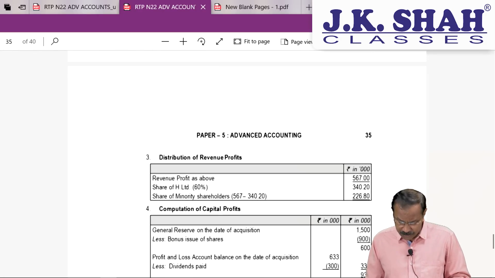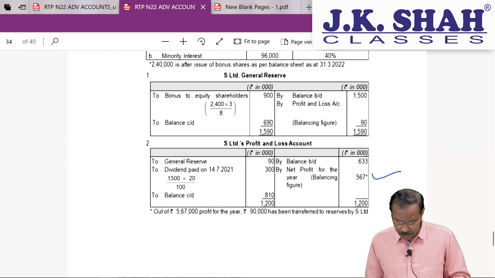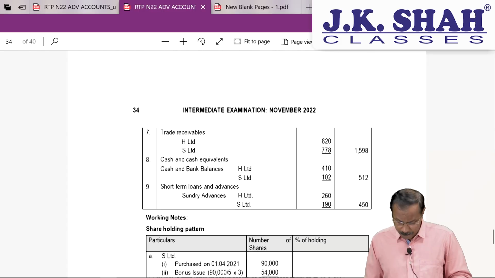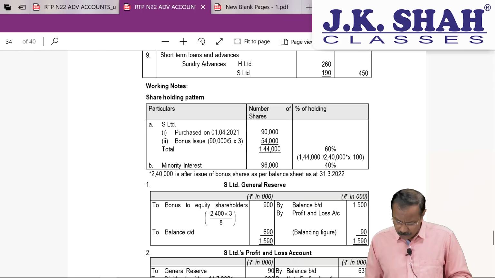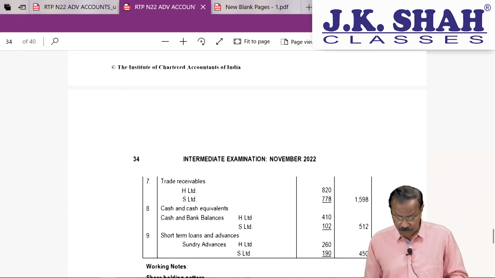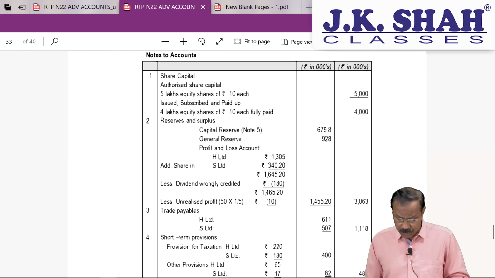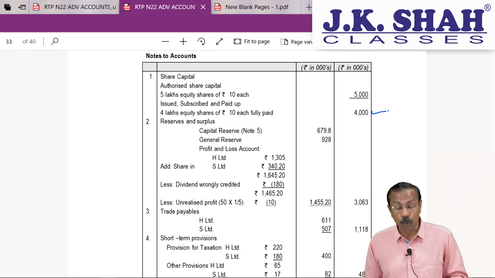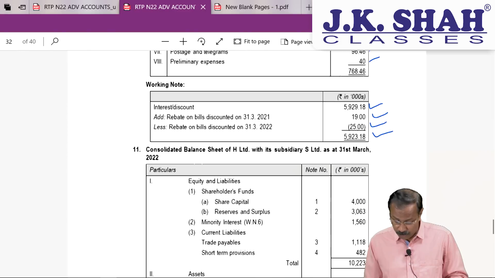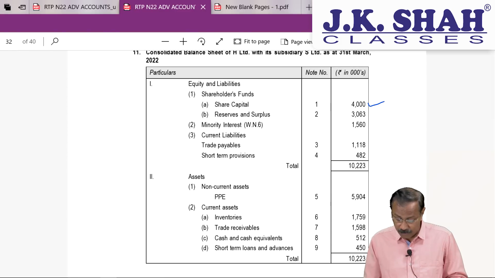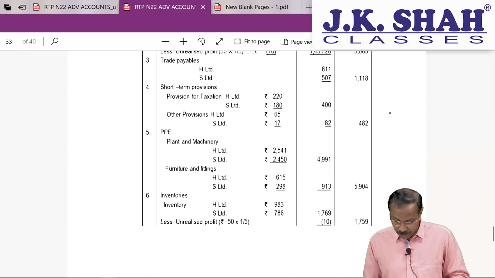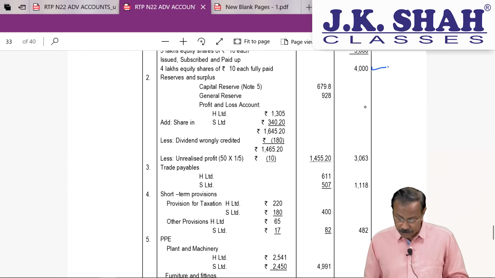Minorities will be very simple to calculate, remember. This shareholding, 60% shares. We have already discussed that, remember. And then what you have to do is capital only of the holding. Minorities capital will not, subsidiaries capital will not appear. Reserves and surplus.